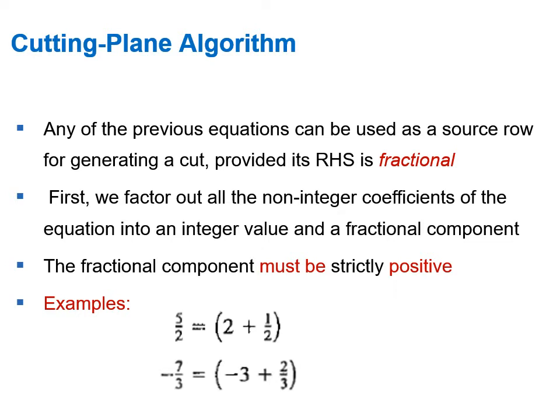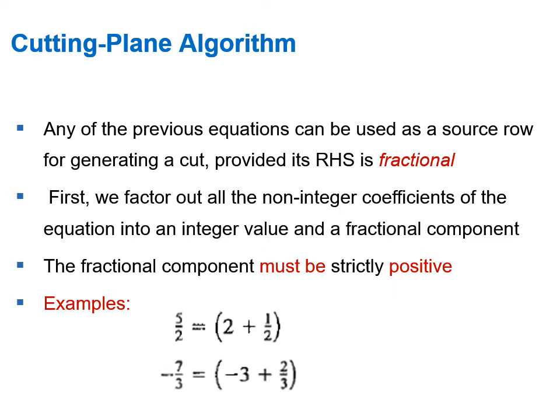We can use any one of these equations in the optimal tableau to generate a cut, but the right hand side must be fractional. So for the selected constraint, the right hand side must be fractional.